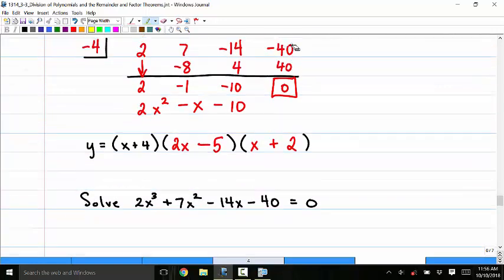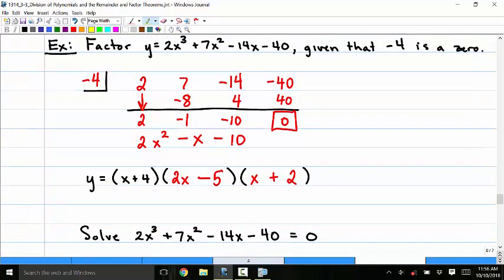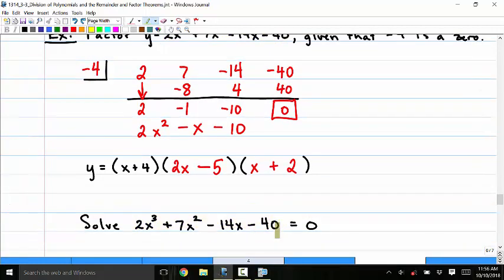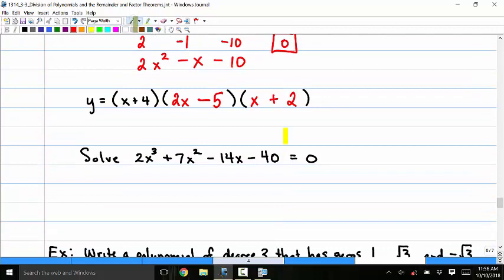Okay, if I wanted to solve, setting this polynomial equal to 0 right here, you just factored it, right? So you just told me that this was x plus 4 times 2x minus 5 times x plus 2. Set each one of them equal to 0 and solve for x.